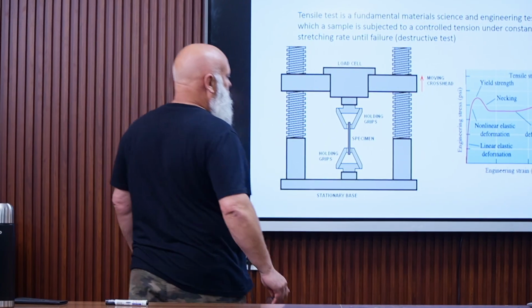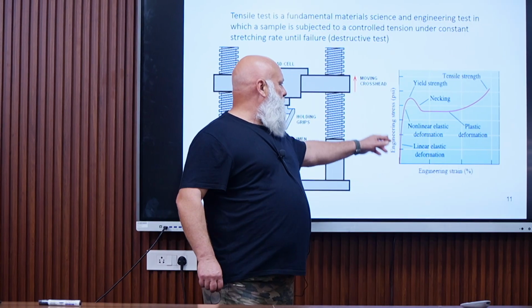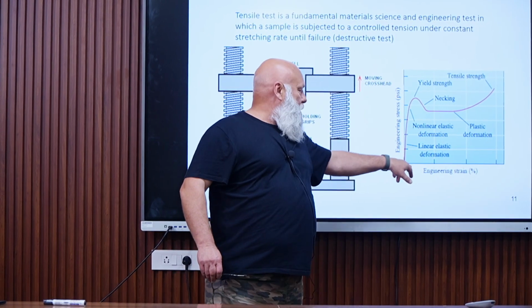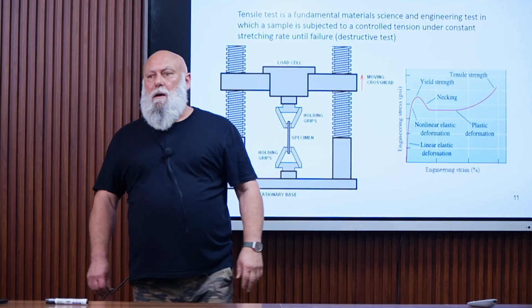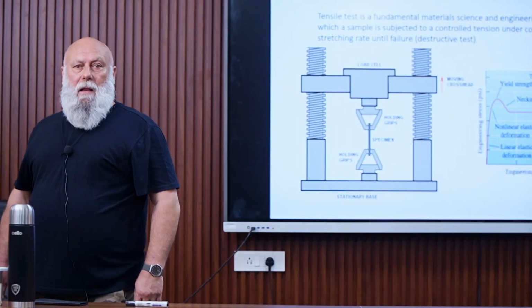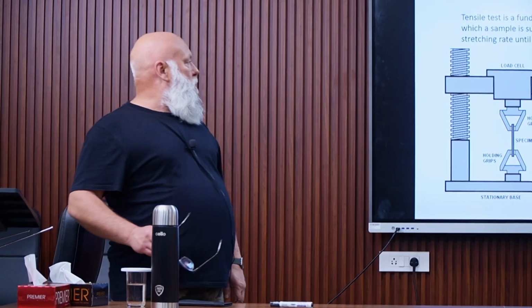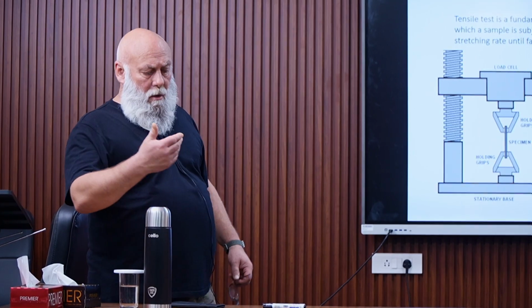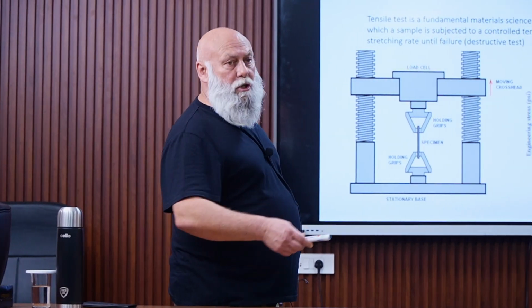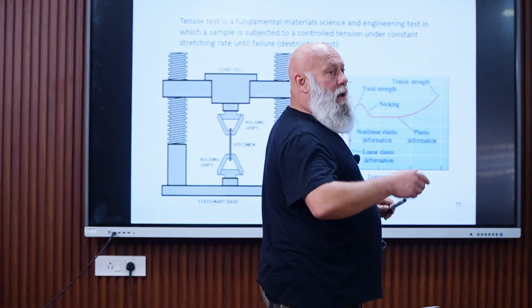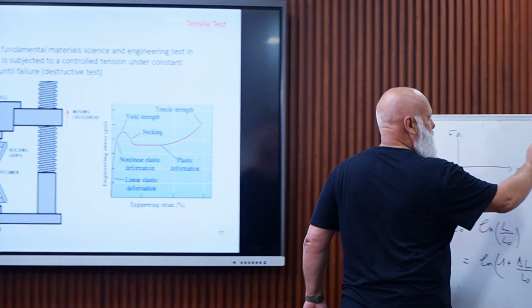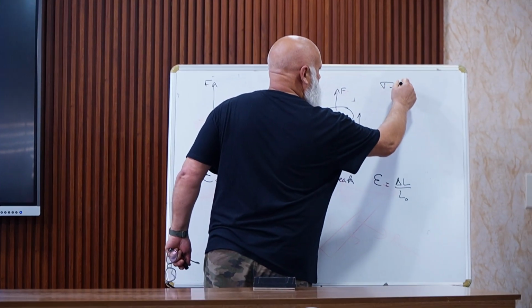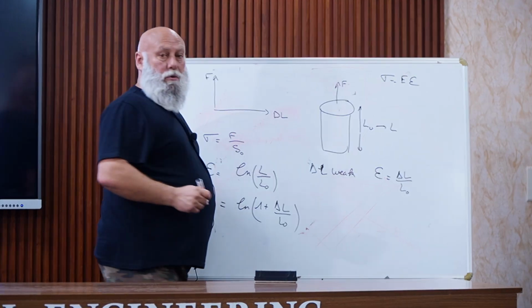So, typically this kind of curve is obtained. So the stress is a function of strain. We have first a linear behavior. Linear behavior meaning that we have a linear relationship between the stress and the strain, and of course, the parameter that links the stress and the strain is the modulus.